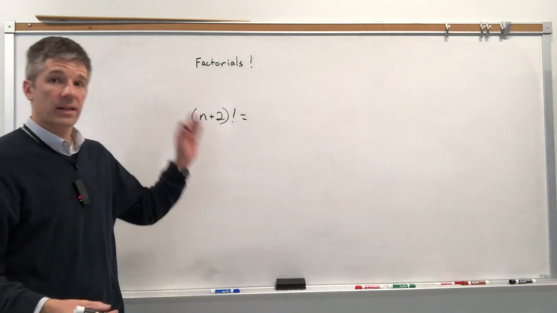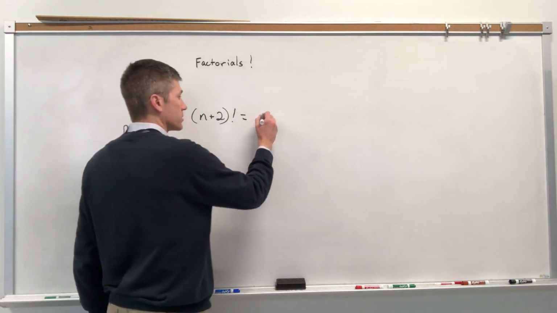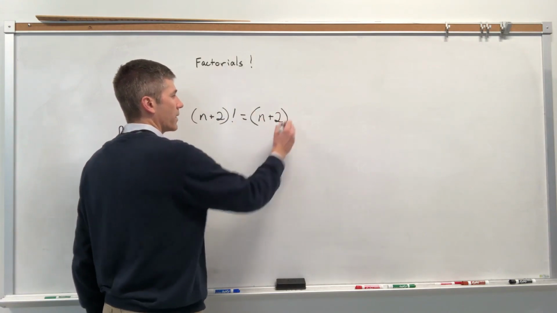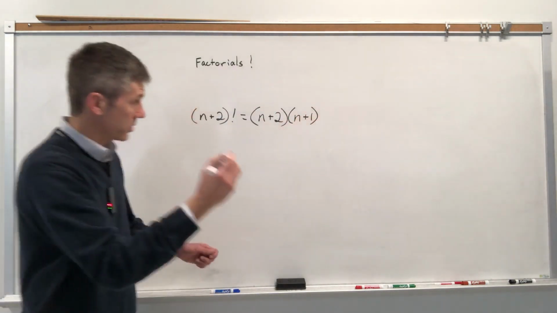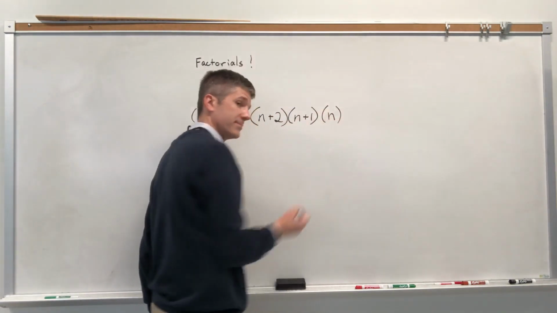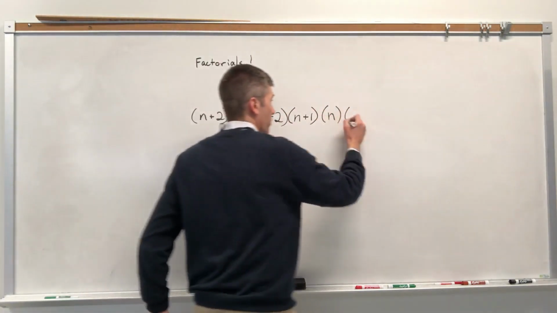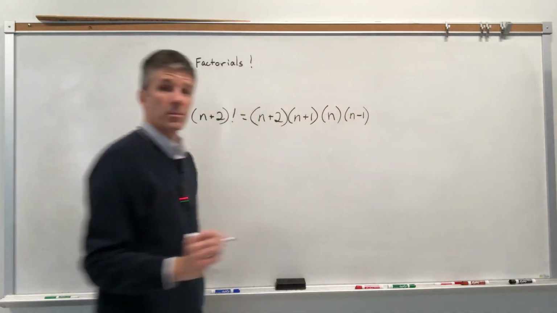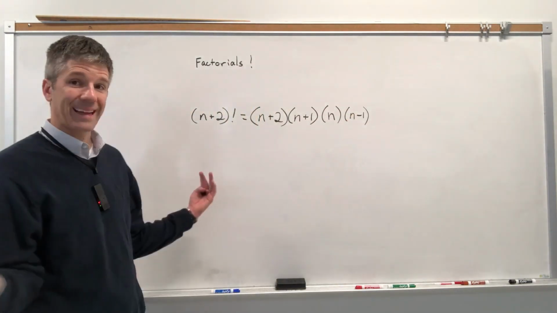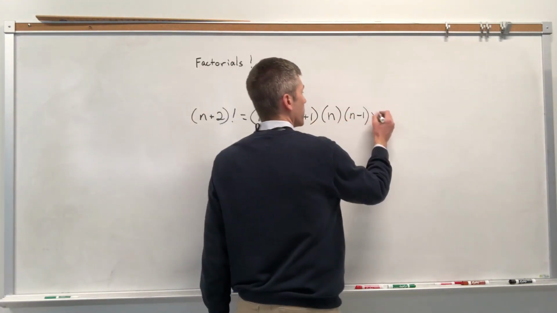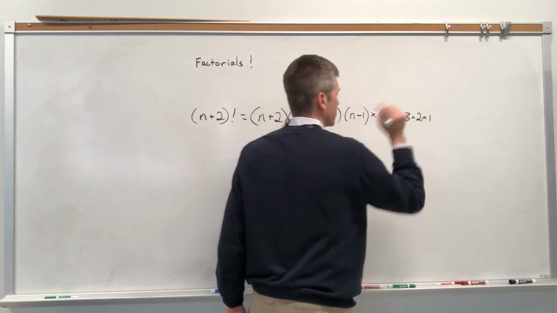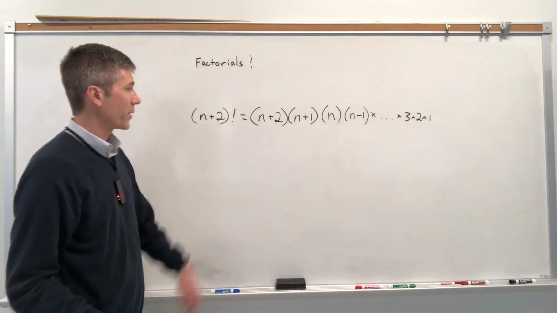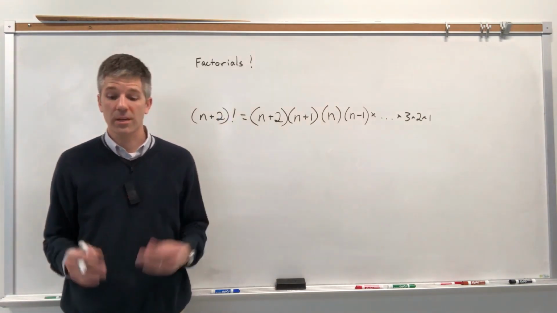Okay, if I started counting down, I'd say, well, let's start with what I have, and then multiply by 1 less than that, and then multiply by 1 less than that, and then multiply by 1 less than that, and then at some point you get really tired of this process and you're like, hey, I got the pattern. So multiplied by, let's keep going, 3, 2, 1, done. There we go. Okay, we've done all that, so we can build some understanding.